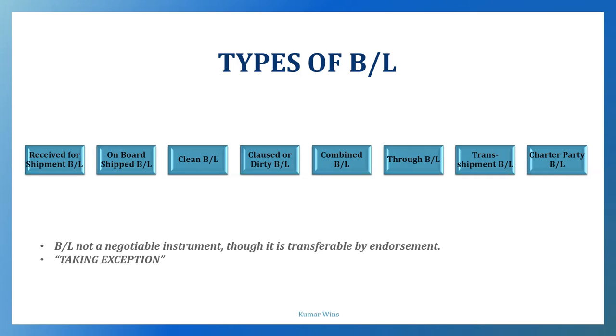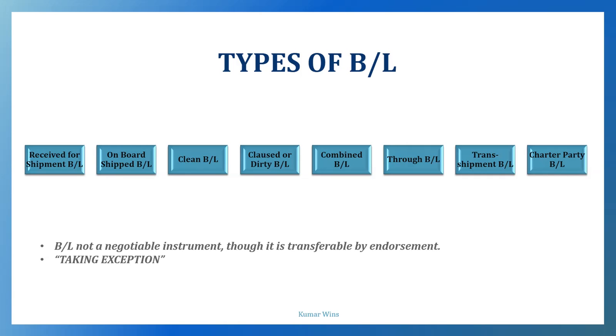So just based on this document, the importer is able to resell the goods before it reaches the destination, and the exporter is also entitled to get value for this shipment before it reaches the destination. We will discuss all the different types of BL in some other session.